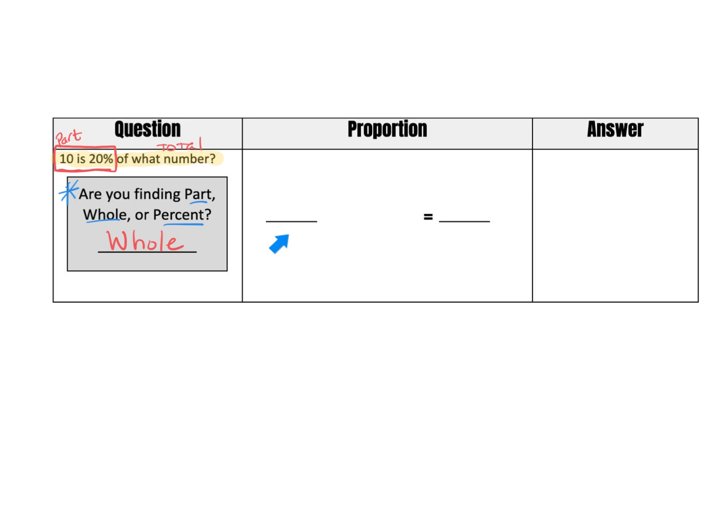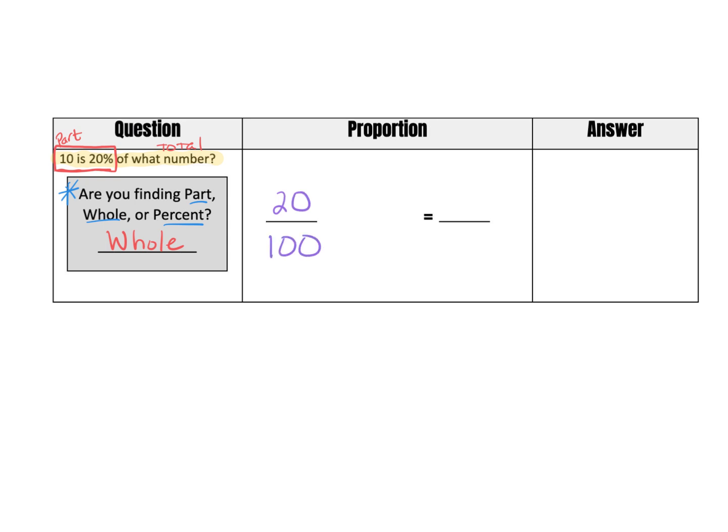Now we're going to fill in our percent proportion. If you need to pause the video, go ahead. If you're ready, we're going to write that percent as a fraction. So we're going to write 20 over 100.